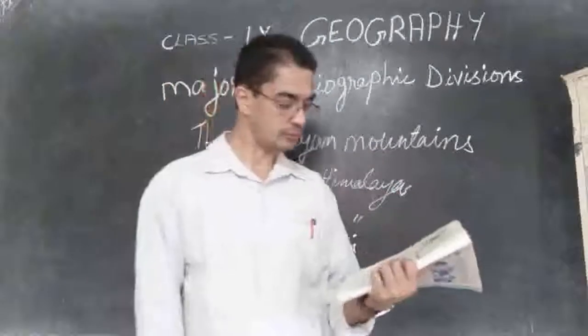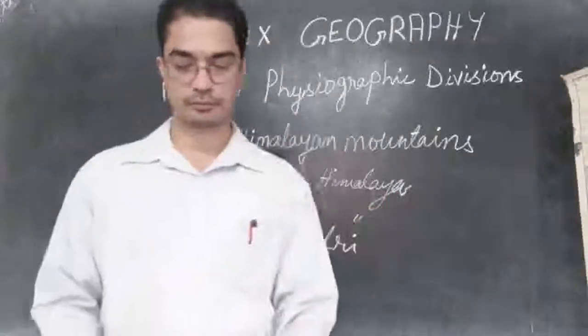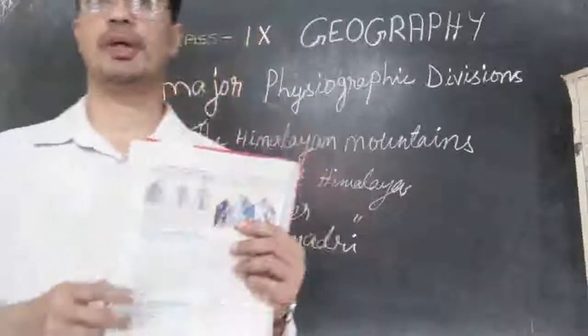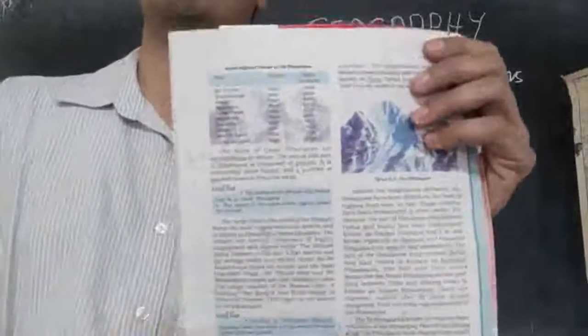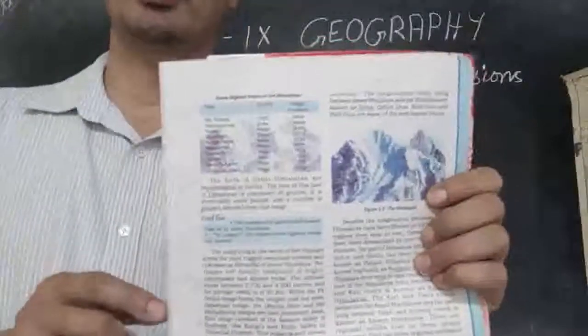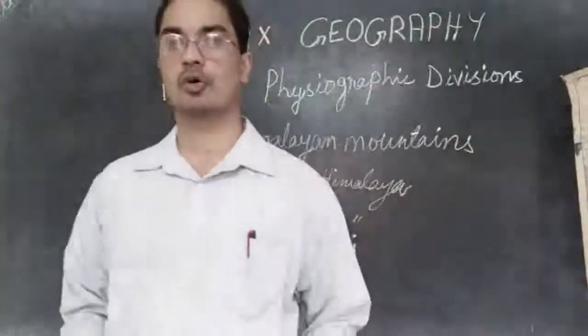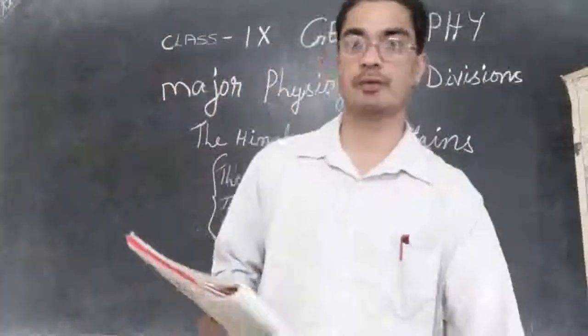Then there are also many other mountains there. We said most of the tall mountains are in these Greater Himalayas. You will find the names given there. What are the most important or the tallest mountain peaks?